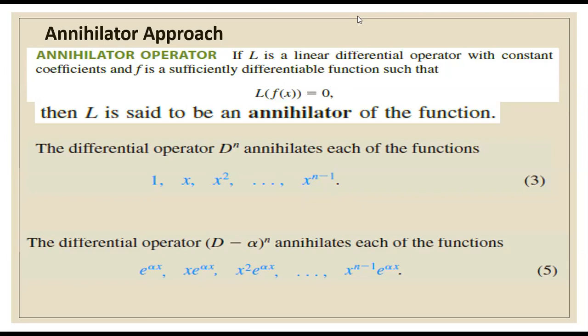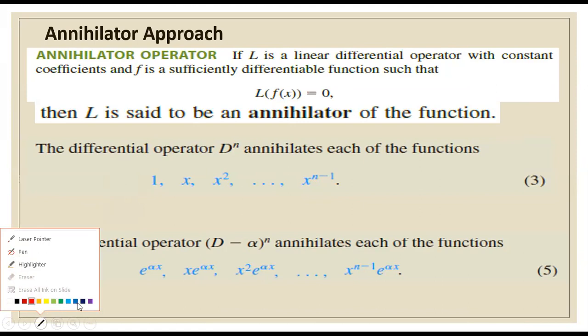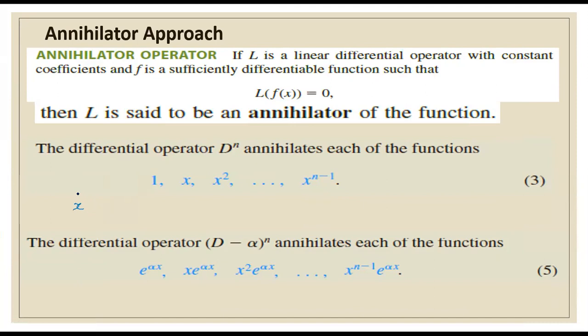Notice here n of x with power n minus 1. Let me ask you a question now. If I need to find the annihilator of this function, x to the power 3 plus x squared, how many times should I differentiate my function to get to 0?